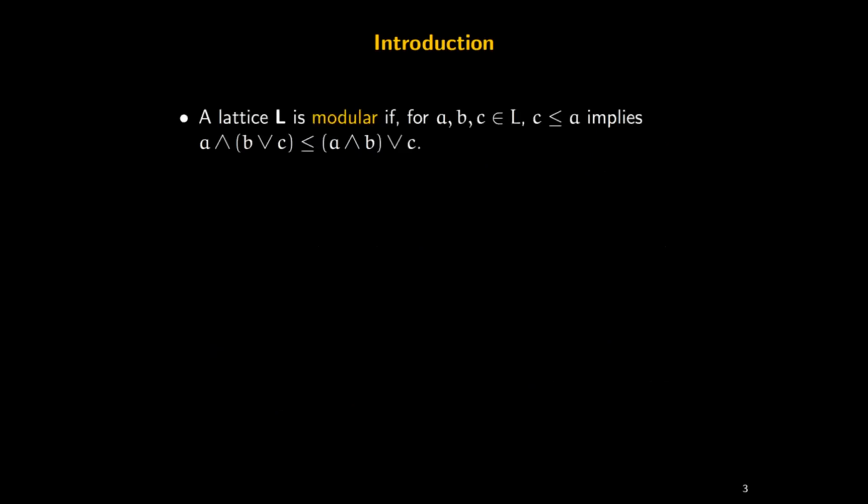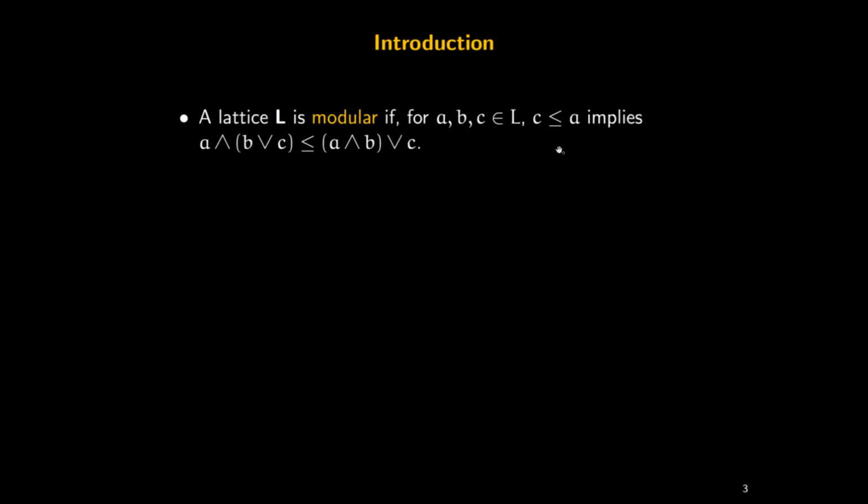I also have to introduce modularity and distributivity for lattices, because the talk is mainly concerned with those classes of lattices. This is one of the possible presentations of modular lattices through a quasi-equation.